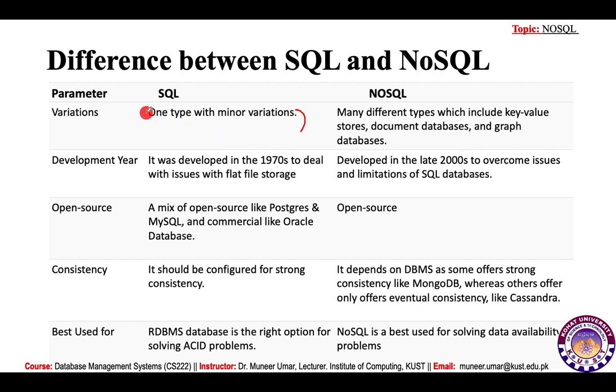As I told you, there is a standard language, structured query language, for all the traditional databases. So in most databases, whether it is Oracle, MS SQL, or MySQL, there are minor variations. These are almost similar, but in NoSQL, there are many different flavors and types, which include key-value stores, document databases, and graph databases.